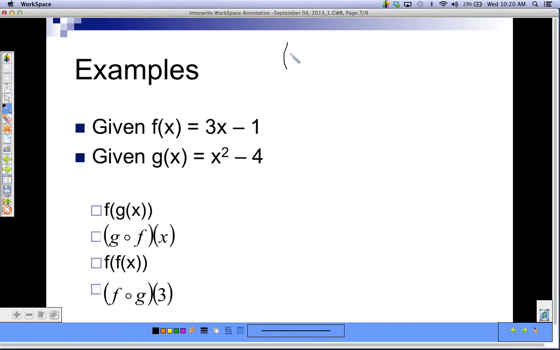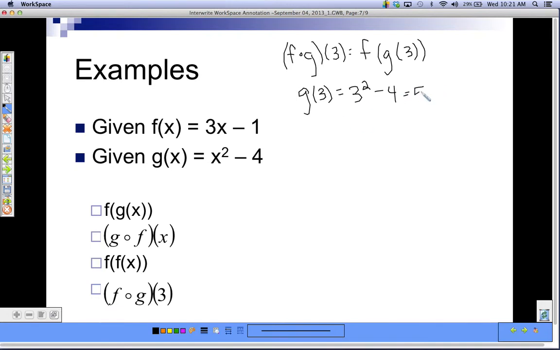To find f of g of 3. This is the same as taking f and plugging g into it with replacing our x with 3. So let's first find g of 3. Well, g of 3 would be 3 squared minus 4, which is equal to 5.